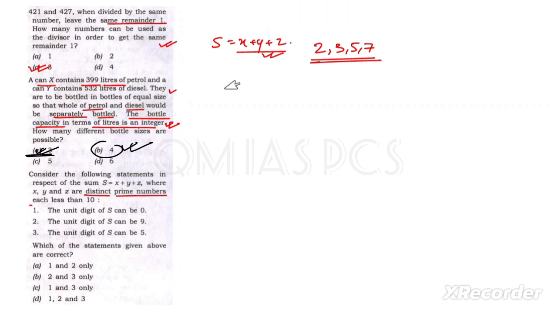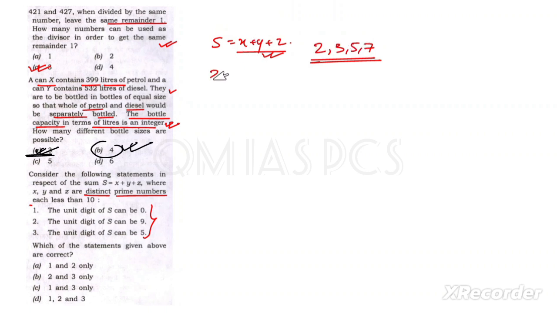Now the unit digit of S. These are the possibilities. Just take three prime numbers and check.